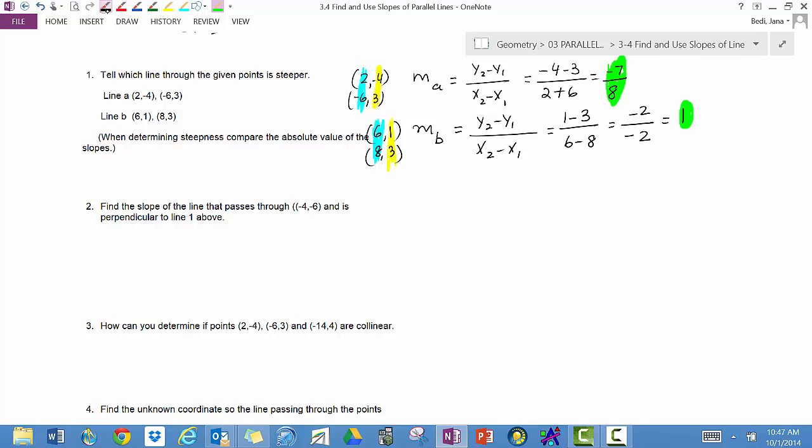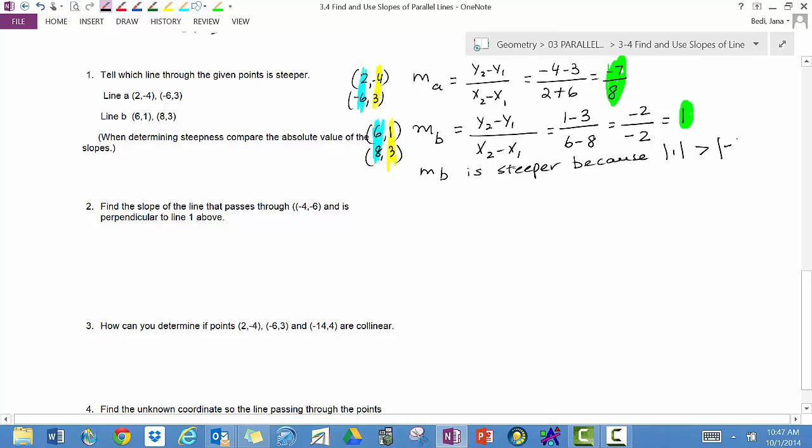So we would conclude that line B is steeper, because the absolute value of 1 is greater than the absolute value of -7 over 8. Or I can state that as 1 is greater than 7 over 8.